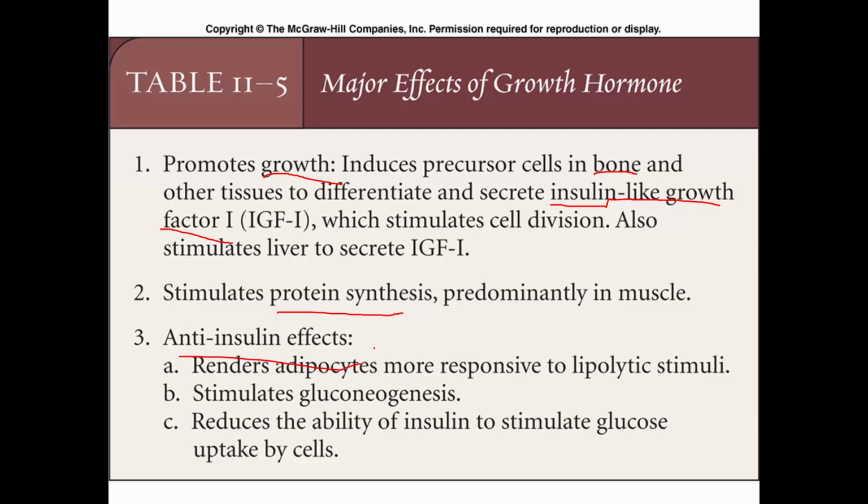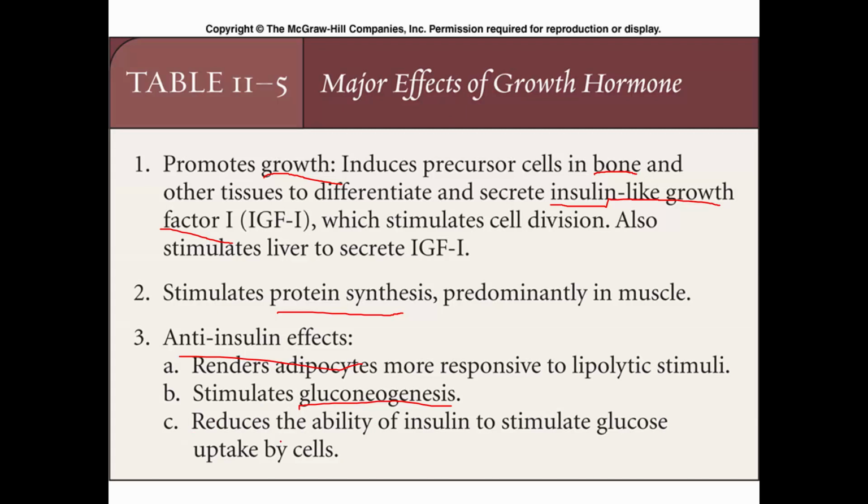So growth hormone is not going to have a direct effect, but helps adipocytes respond to stimuli that are going to tell those cells to break down triglyceride. It's going to promote gluconeogenesis in the liver to raise the blood glucose level, and it has a weird interaction with insulin.